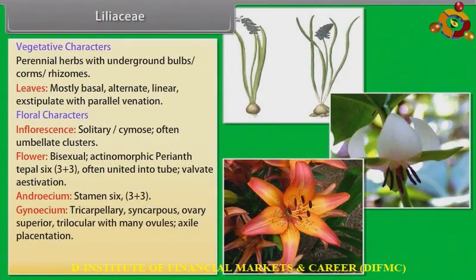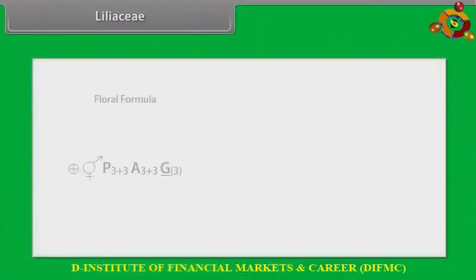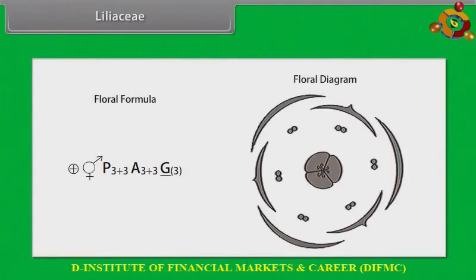Gynoecium, tricarpellary, syncarpous, ovary superior, trilocular with many ovules, axile placentation. Fruit, capsule, rarely berry. Seeds endospermous. Floral formula is, and this is the floral diagram.